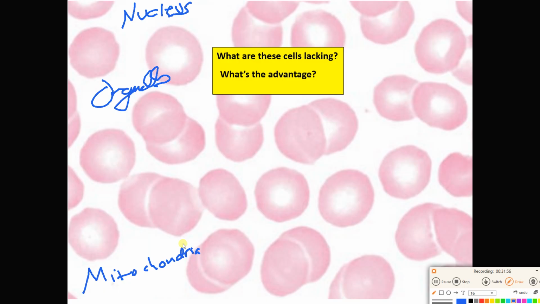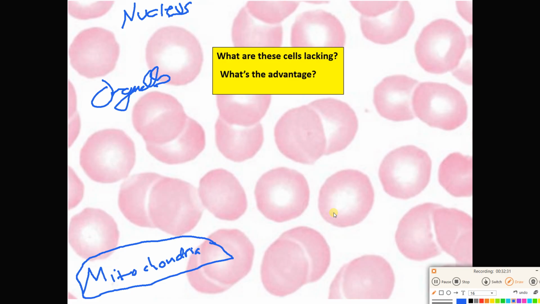The upside, we mentioned an upside earlier. An upside was that we can have more space left over to carry oxygen because we can fill the cells with more hemoglobin. But there's another upside. Red blood cells lack mitochondria. All right, do you know what happens in mitochondria?